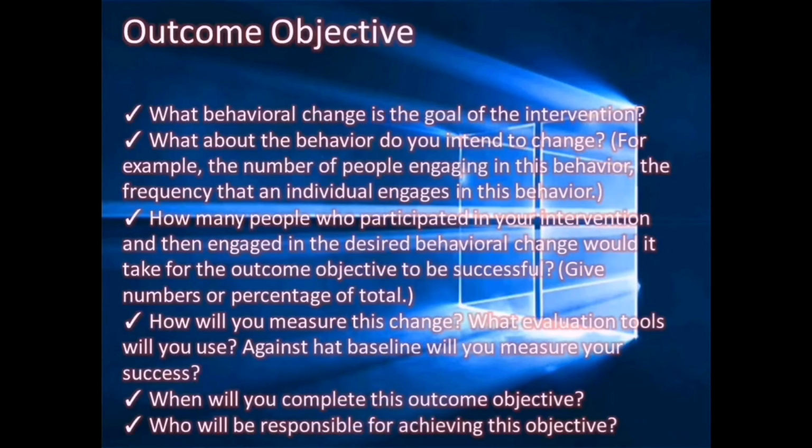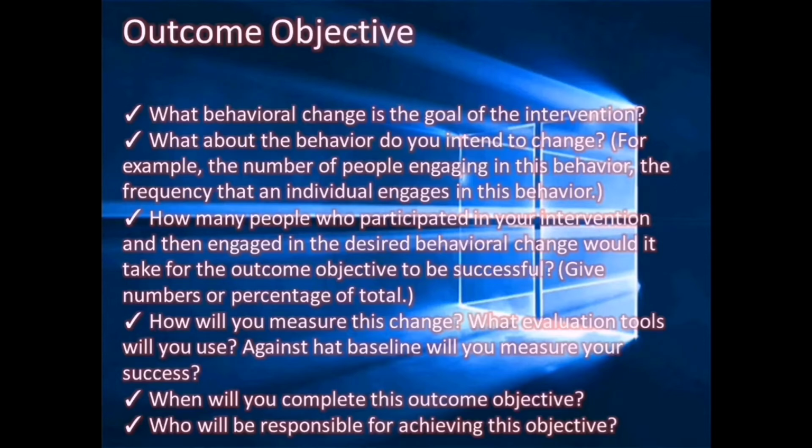Outcome objective. What behavioral change is the goal of the intervention? What about the behavior do you intend to change? For example, the number of people engaging in this behavior, or the frequency that an individual engages in this behavior. How many people who participated in your intervention and then engaged in the desired behavioral change would it take for the outcome objective to be successful?